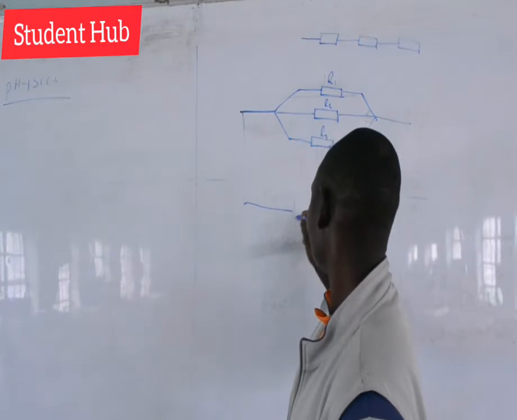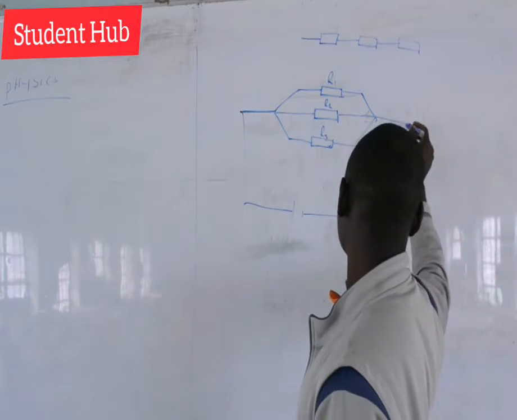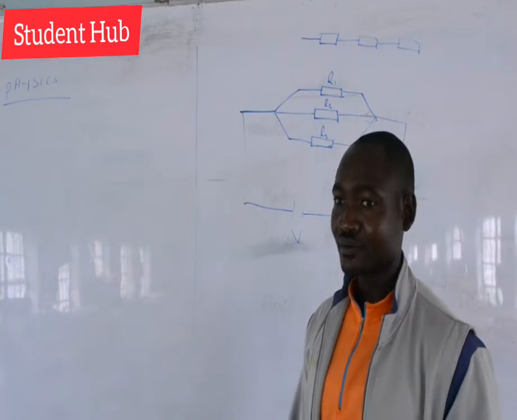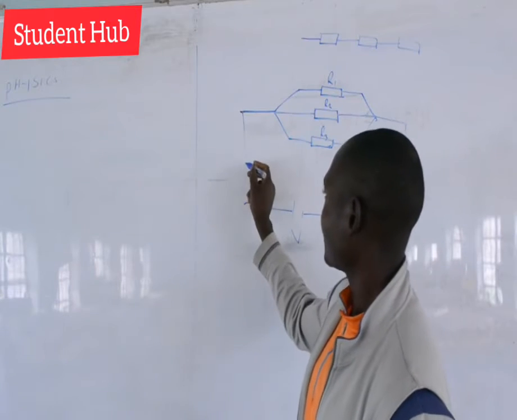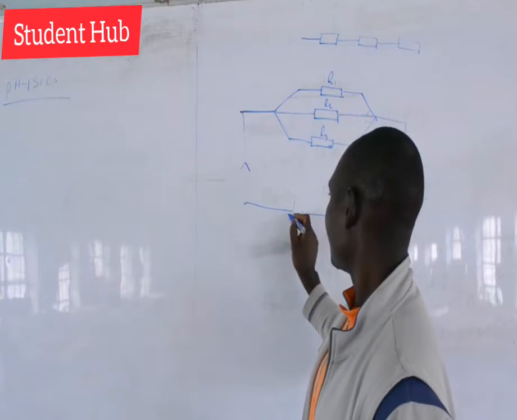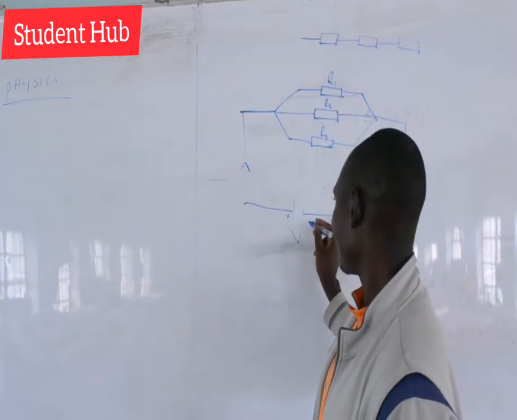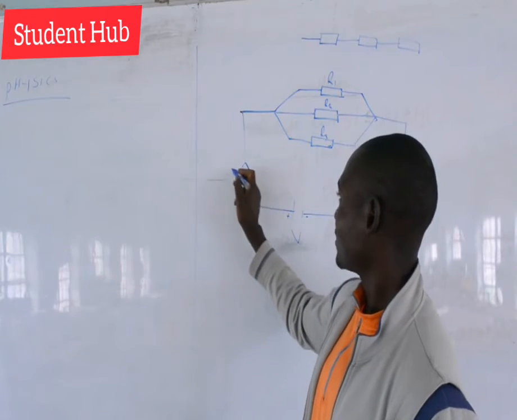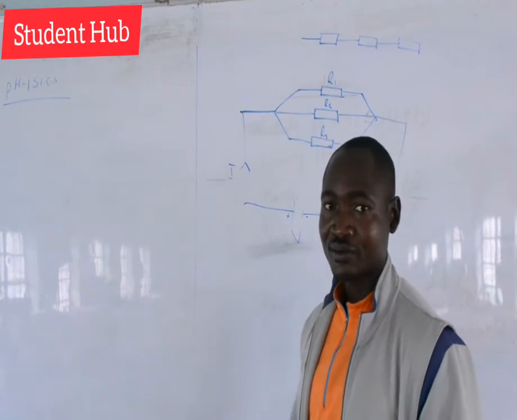So this way. So we have V here. And we say this is positive, the longer side, and this one is negative, the shorter side. And the current I here.